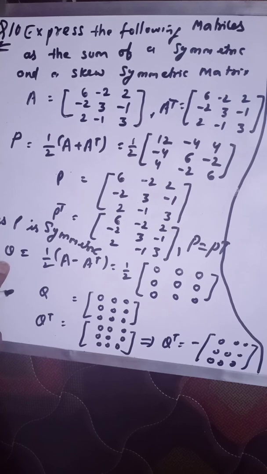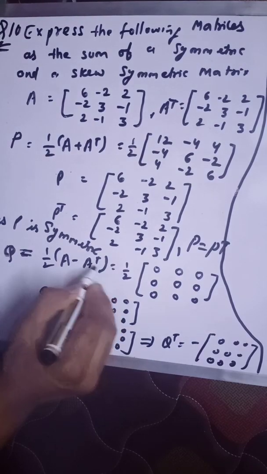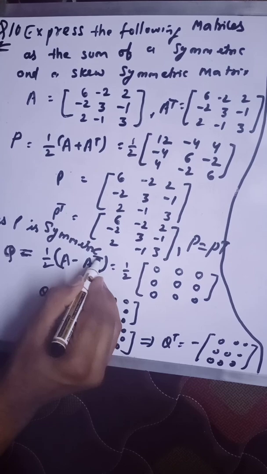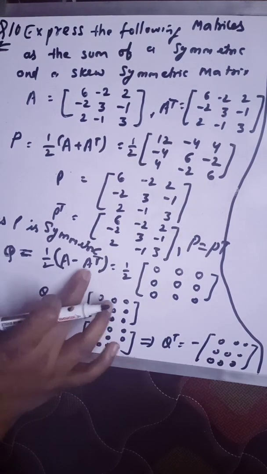Now, this Q is any matrix which is skew symmetric. It is not symmetric, it is skew symmetric. The condition for a skew symmetric matrix is this: Q is half of A minus A transpose.